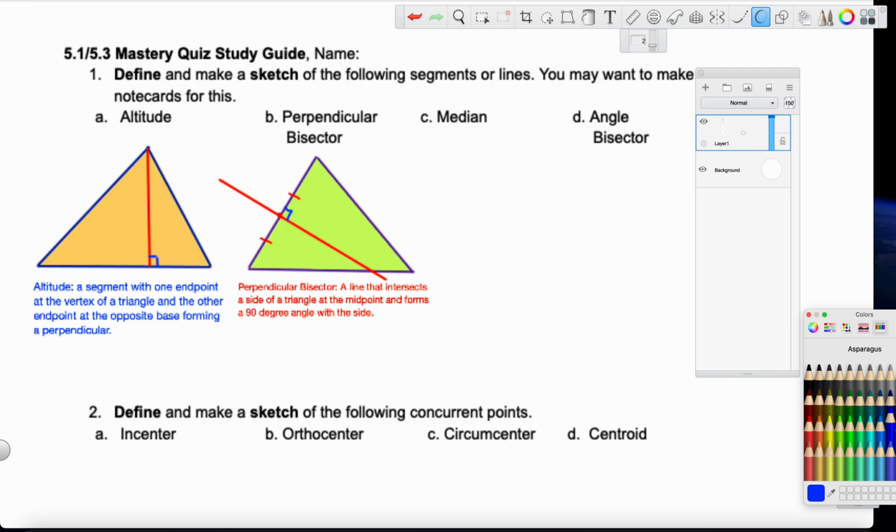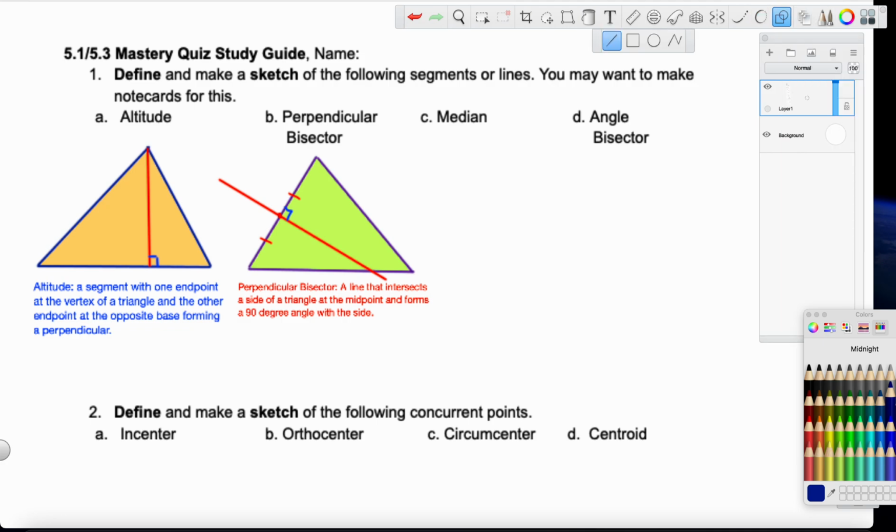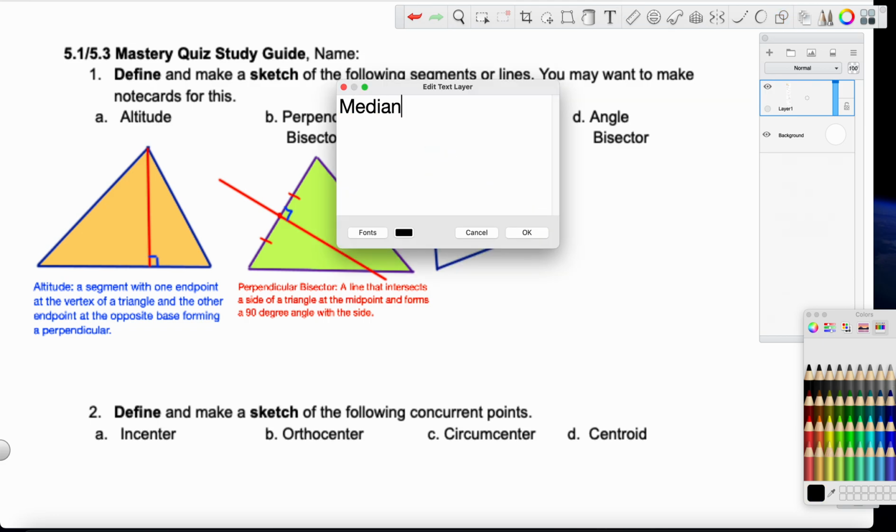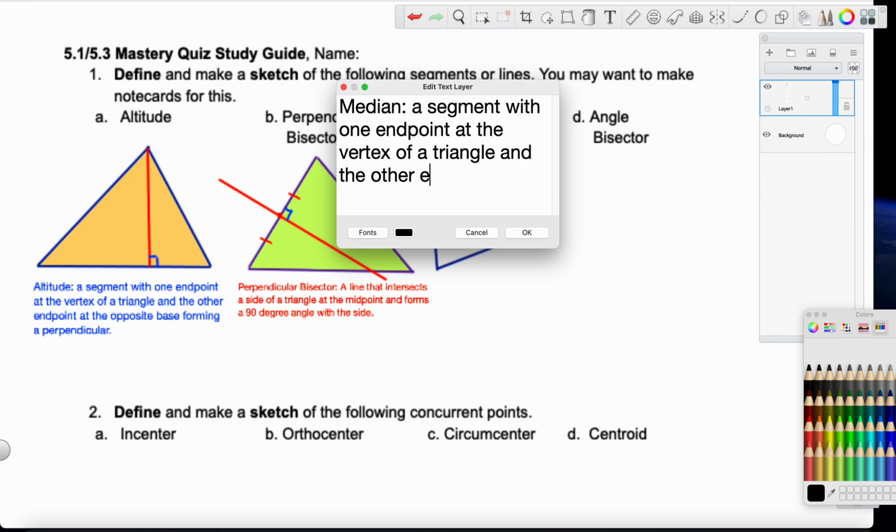Median. All right, so median is a segment with one endpoint at the vertex of a triangle and the other endpoint at the midpoint of the opposite base.